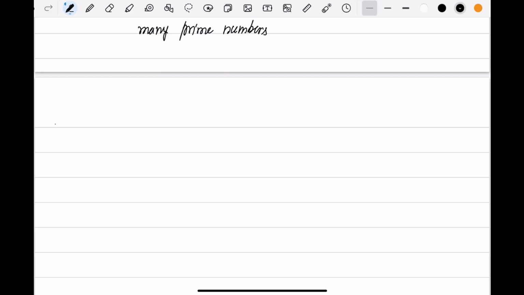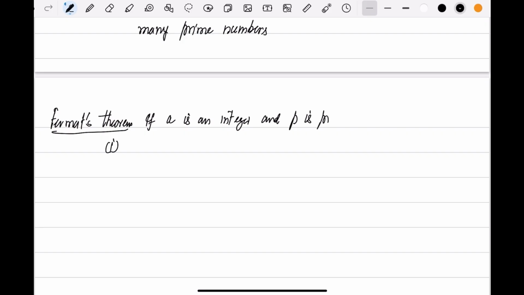Okay, now let's have some Fermat's theorems. Fermat's theorem. We have two parts of this theorem. If a is an integer and p is prime, then a power p is always congruent to a modulo p.